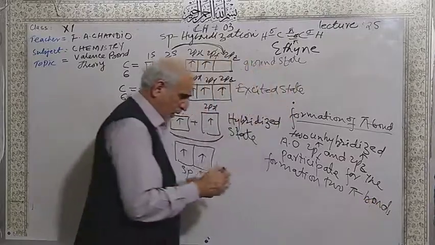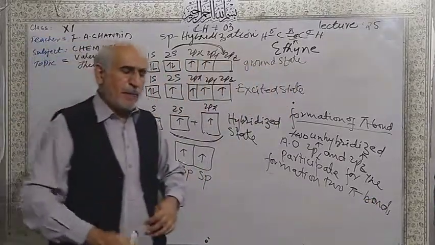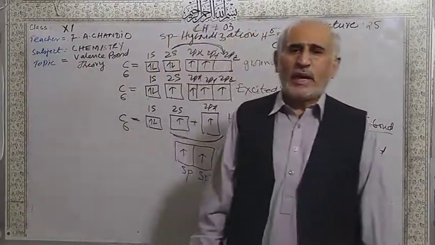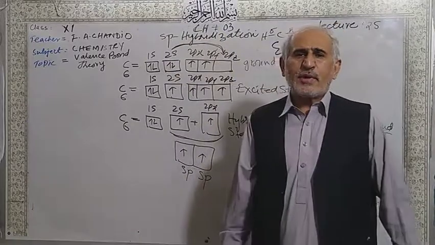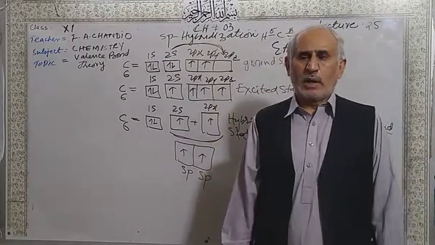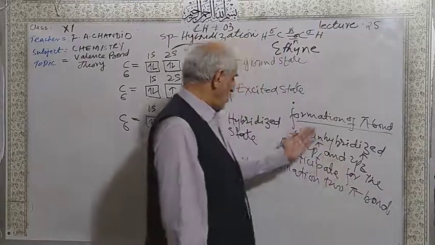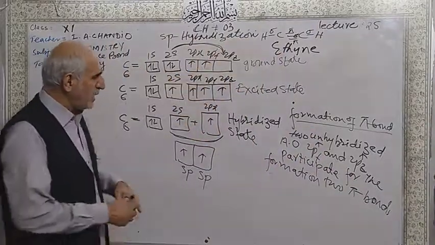So you know pi bonds are formed by side-wise overlapping, lateral overlapping, parallel overlapping. So these 2 are going to be separated.